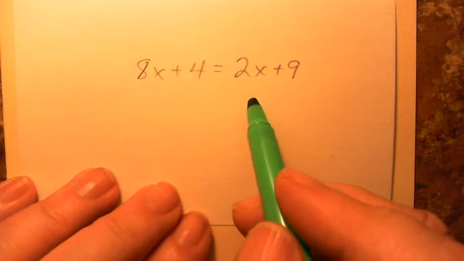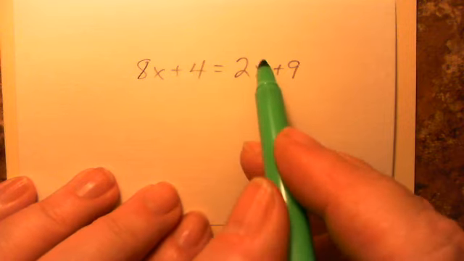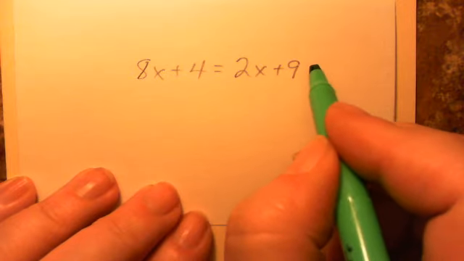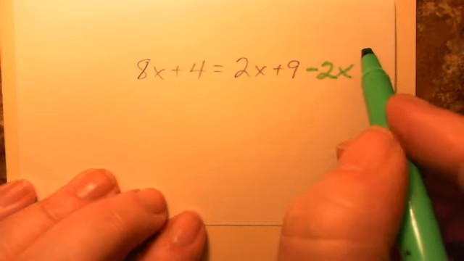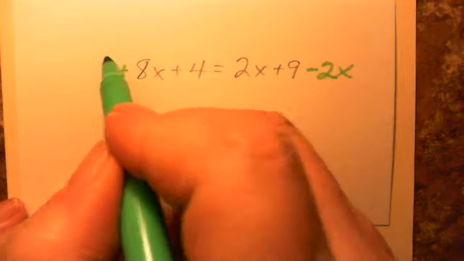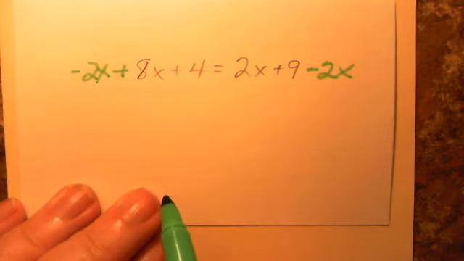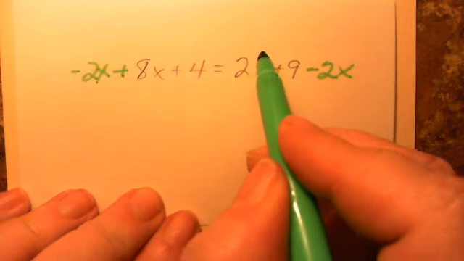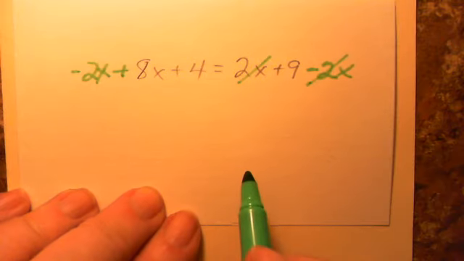So we want to get the x terms to one side. So how could we zero out 2x? How about with a minus 2x, which is the same as plus a negative 2x. So this side zeroes out, doesn't it? So that's a way to show that it zeroes out.